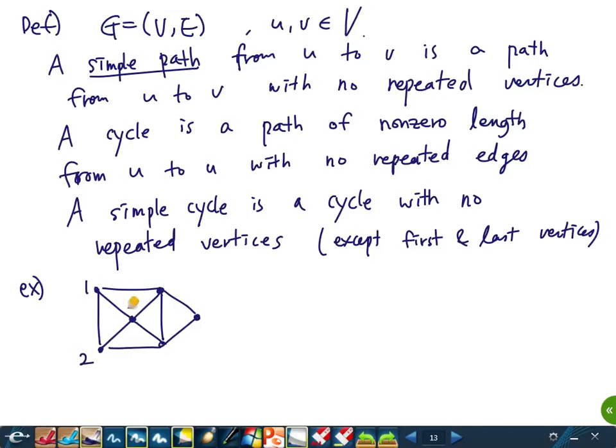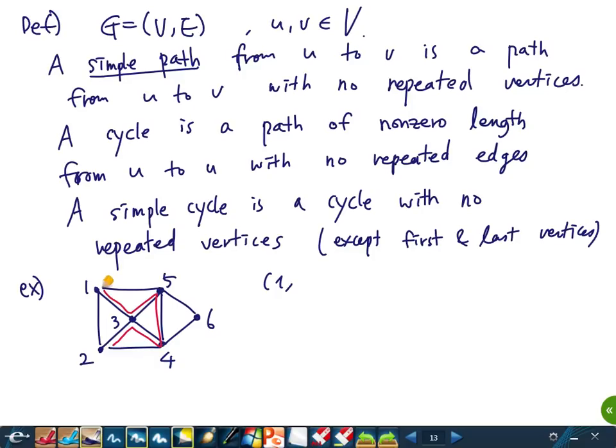One, two, three, 4, 5, 6. Maybe with a simple graph. Okay, let's consider this one. So this path, I'm omitting the edges.